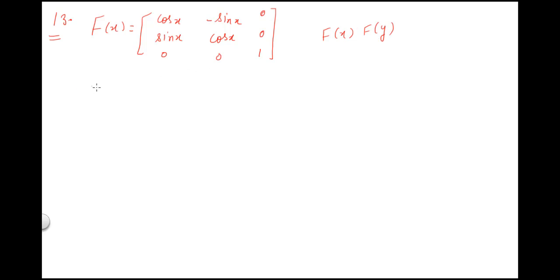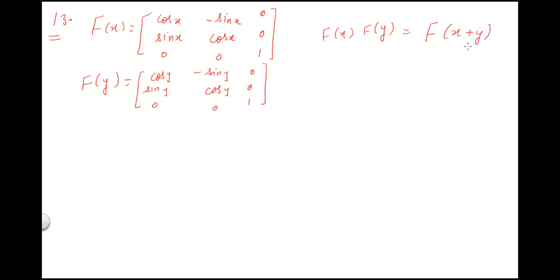So how to form f of y? Instead of x we will be putting y everywhere. So cos of y, sin of y, 0, minus sin y, cos y, 0, 0, 0, 1. Right. So we have f of x, we have f of y. We have to show when we multiply we get f of x plus y. Clear?